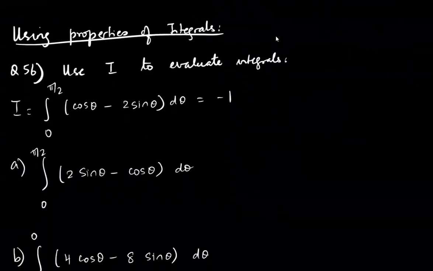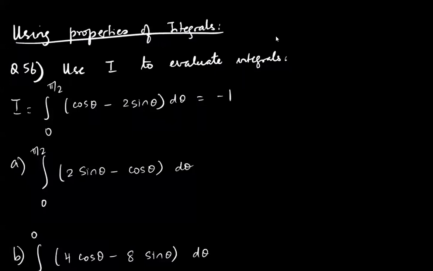Now here we're given the integral from 0 to pi over 2 of cosine theta minus 2 sine theta d theta as -1, and we are asked to evaluate this. So what we want is cosine here is positive, here it is negative, here -2 sine and positive cosine. Basically we can rewrite this by factoring out the negative sign, and this will be the same as this.